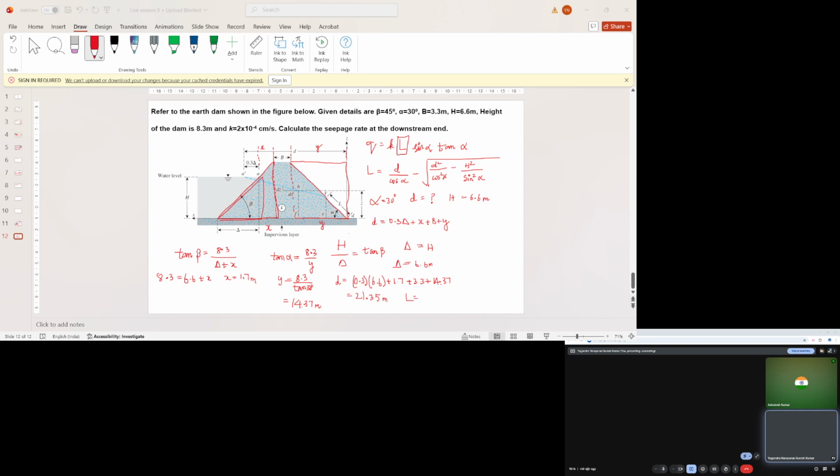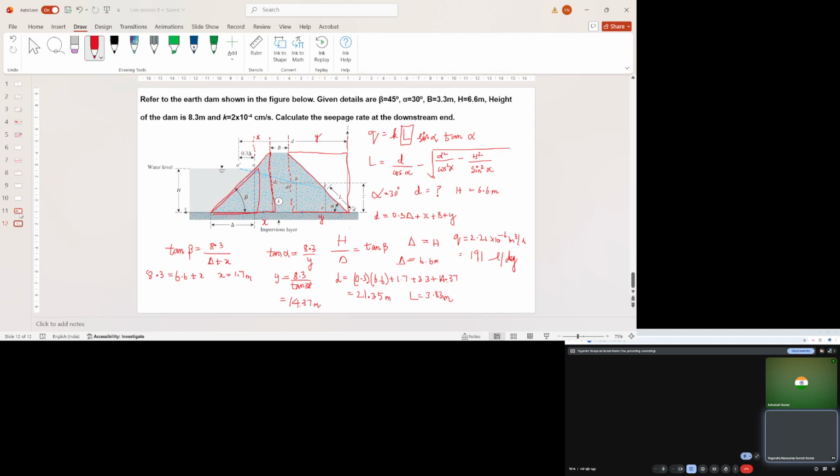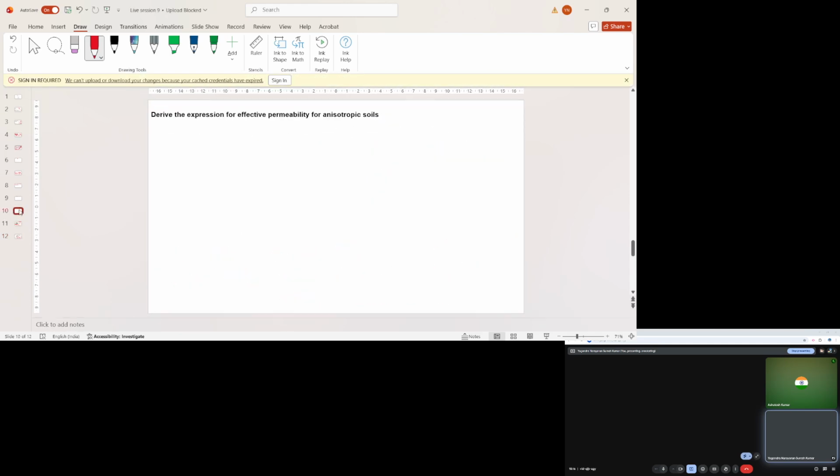So we have some around 20 minutes time, so we will see some derivations. Derive the expression for effective permeability for anisotropic soils.